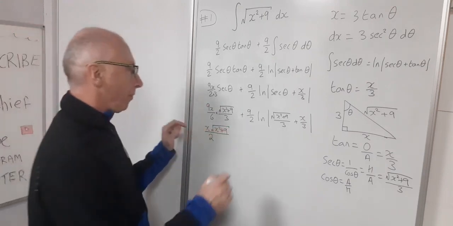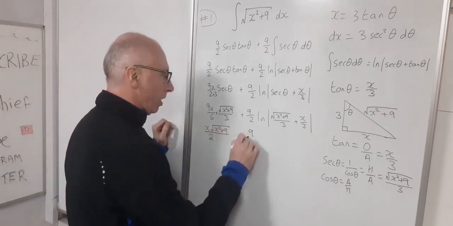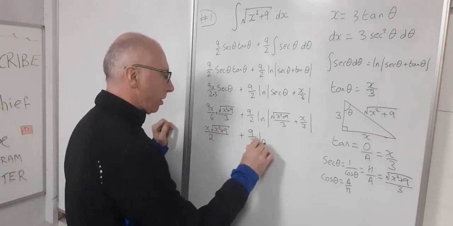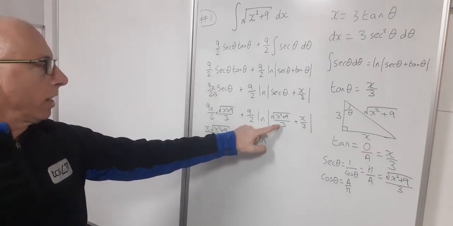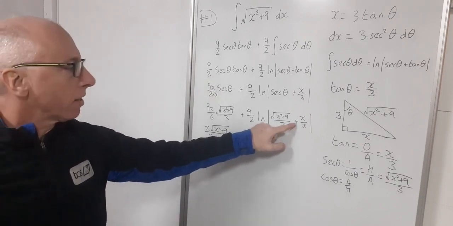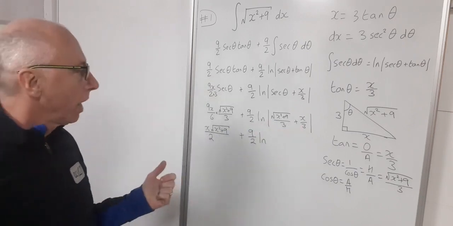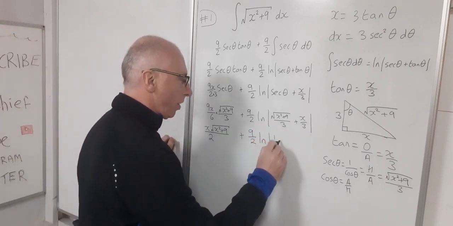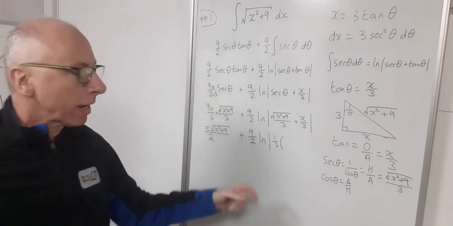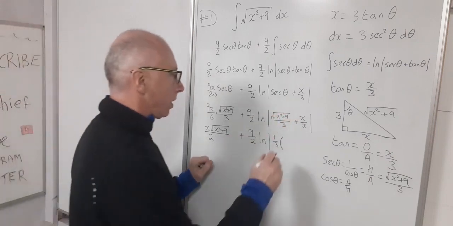So now this one. So plus 9 over 2 natural log. Now here I've got the square root of x squared plus 9 over 3 plus x over 3. So I'm going to factor out inside my absolute value 1/3. And now I can put a bracket and just write these two x terms in there.